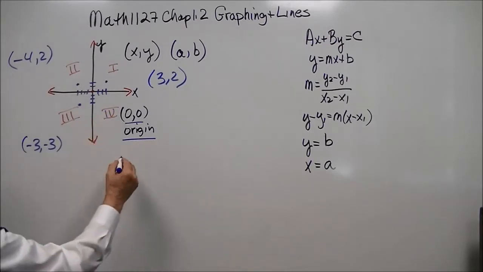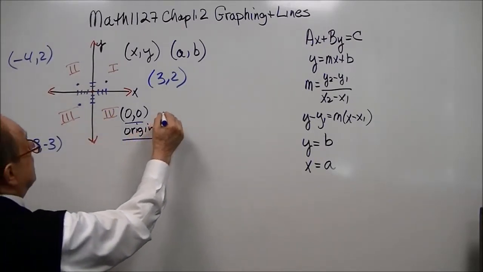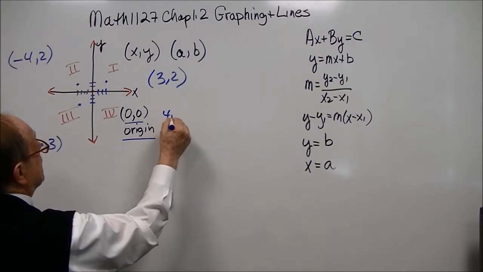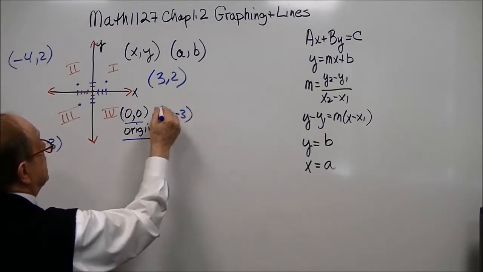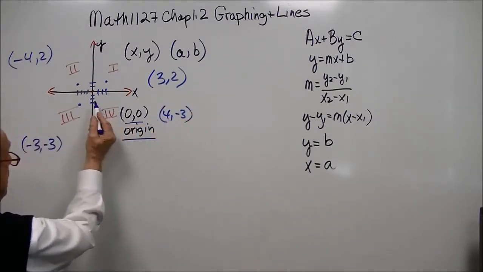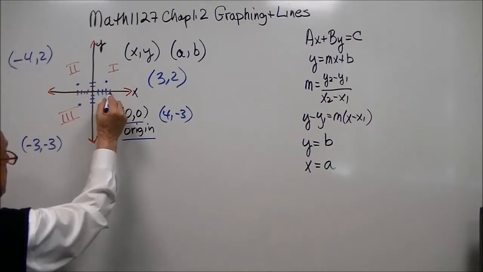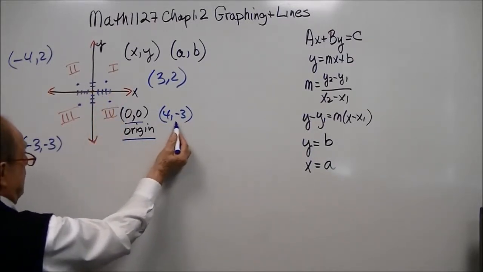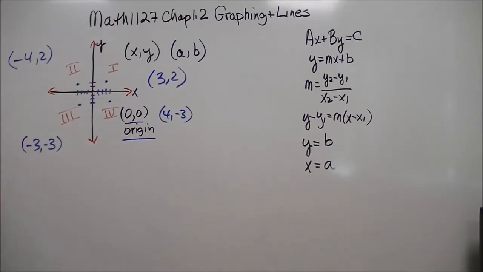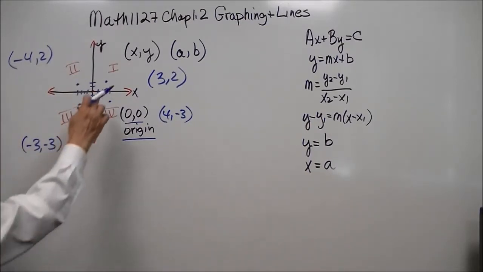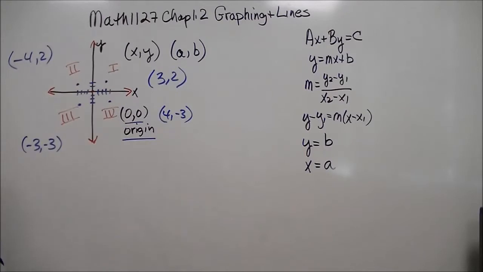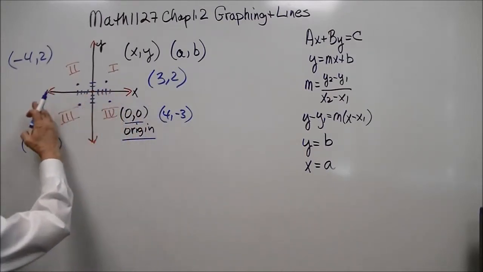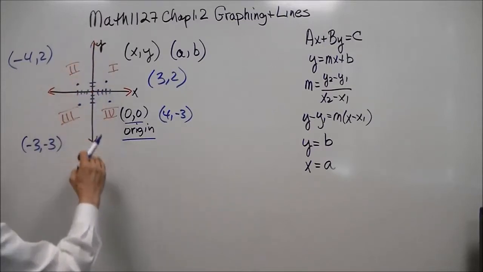And then for this one, we'd have a point, let's say 4, -3. We'd do our 4 first, go down to our 3, and that would be this point. Again, the key is you always plot the x first, then the y. So you're going to go left or right for the x, and then up or down for the y.